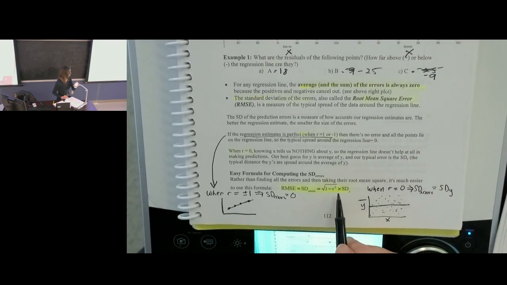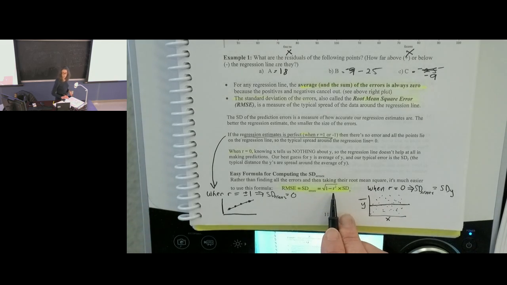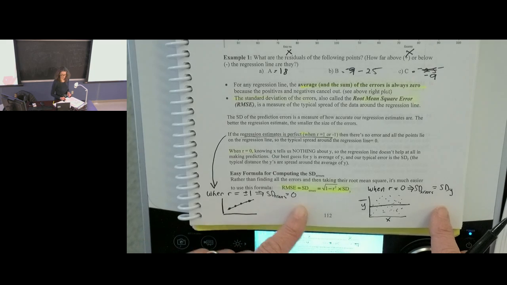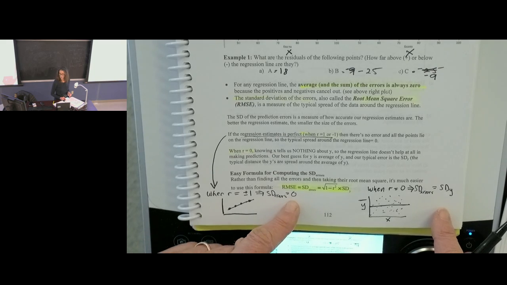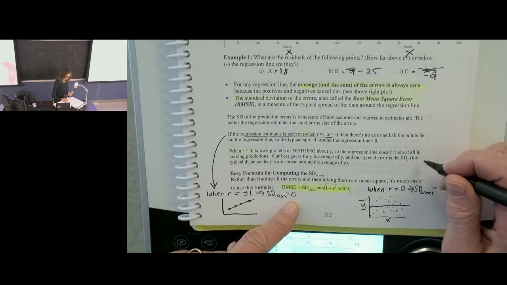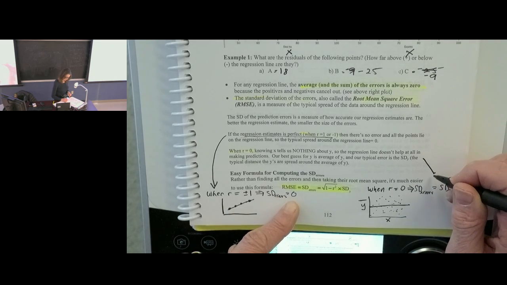And does that fit here? When you put a 0 in for r, you get the square root of 1 times the standard deviation of y. So that's the range that the standard deviation of the errors can be. Of course, it's always positive, and the smallest is 0, and the largest is the standard deviation of y. So that's this picture.